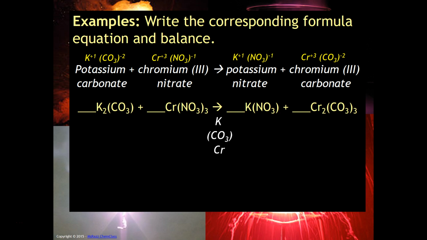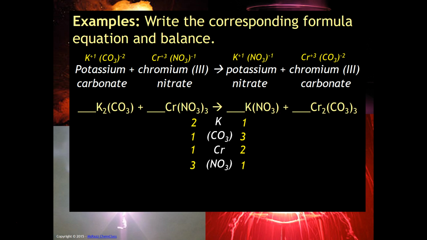We also have a chromium. And then I am able to keep the NO3 together as well. On the left-hand side, I have 2 potassium, 1 carbonate, 1 chromium, and 3 nitrates. On the right-hand side, I have 1 potassium, 3 carbonates, 2 chromiums, and 1 nitrate.